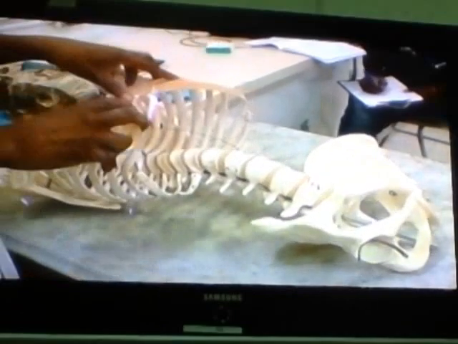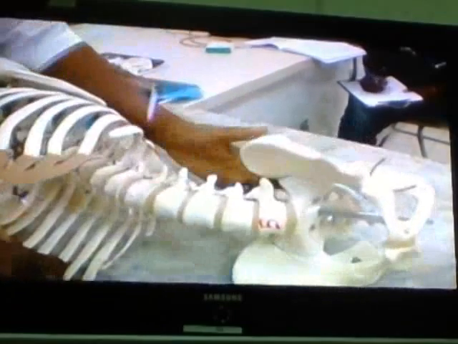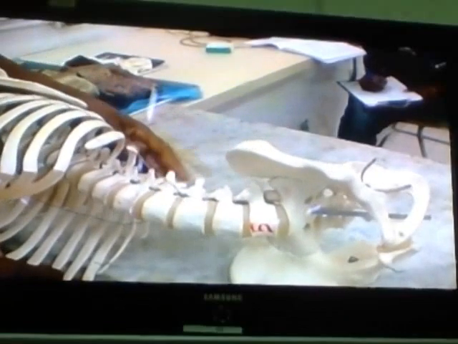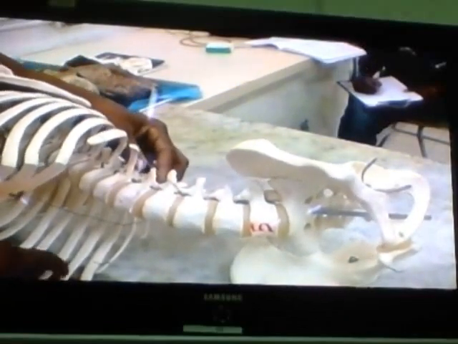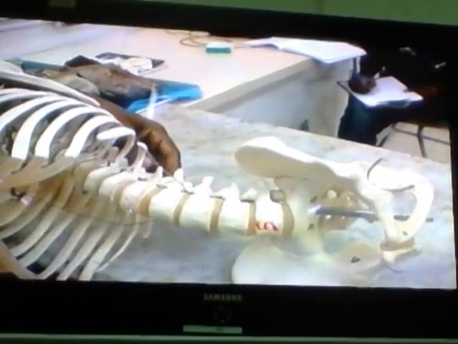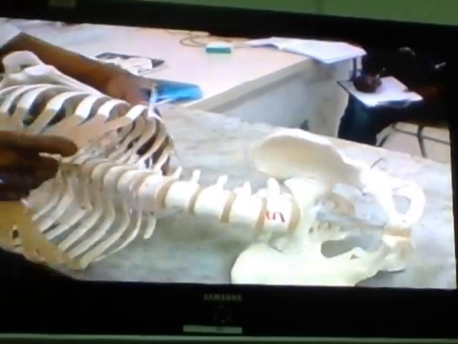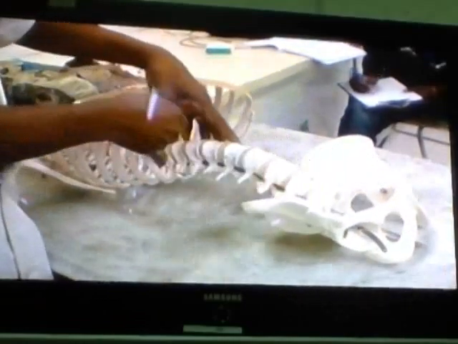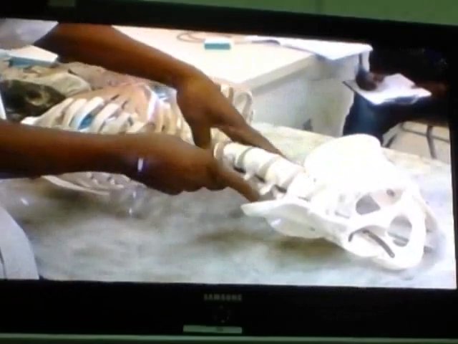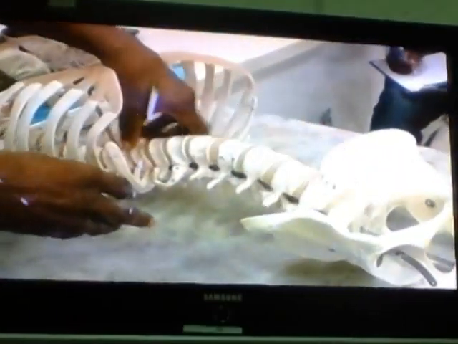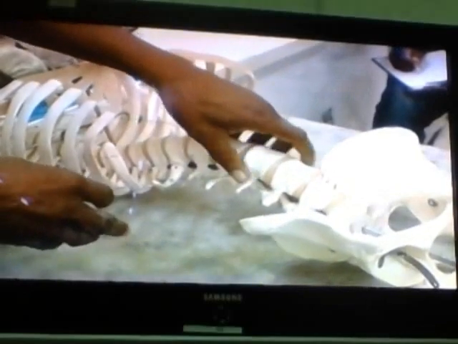So we need the mesoderm to help in producing the partition. And so from the back, we are going to have the dermatomyotome. The dermatomyotome is going to give rise to the dermis. The dermis is coming from mesoderm. And then the musculature that we have along the vertebra is going to come from the myotomes. And then the sclerotomes are going to give us the bones.